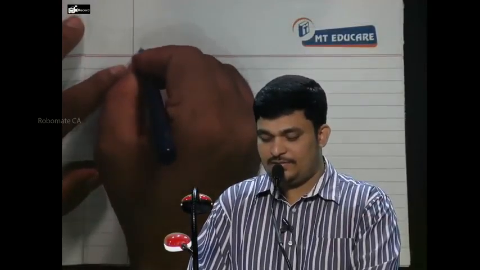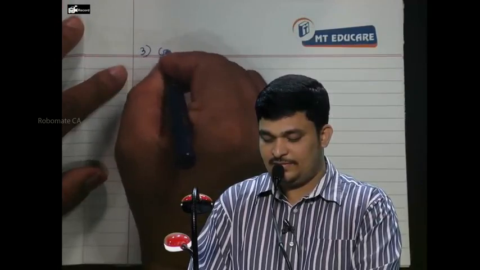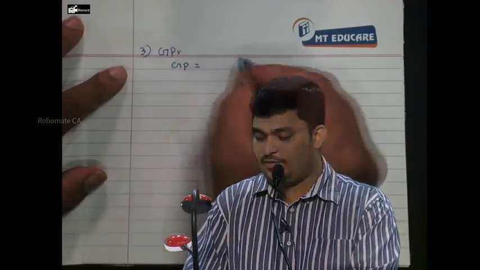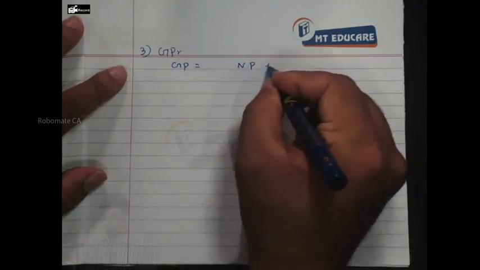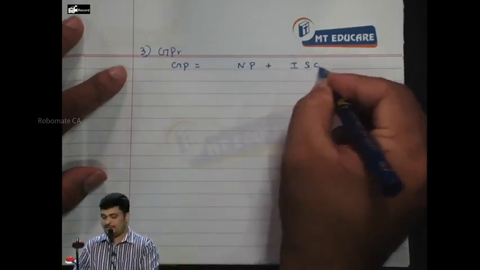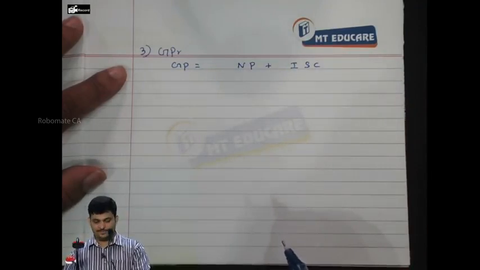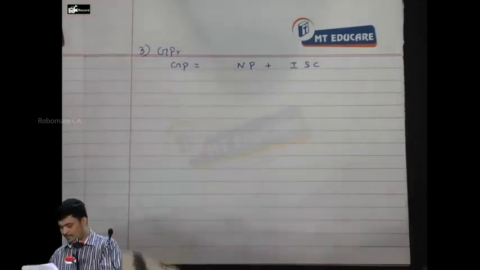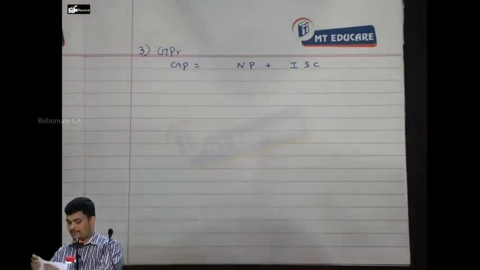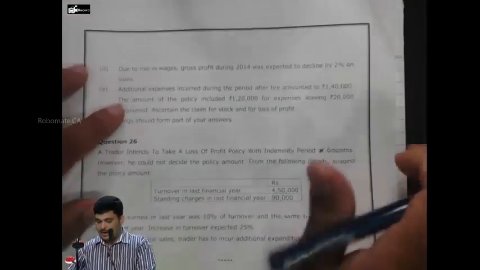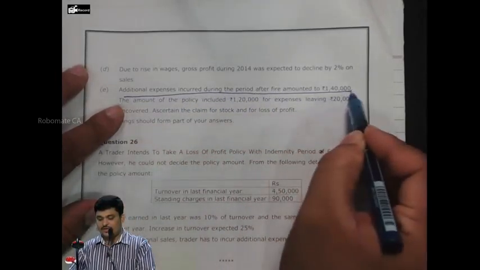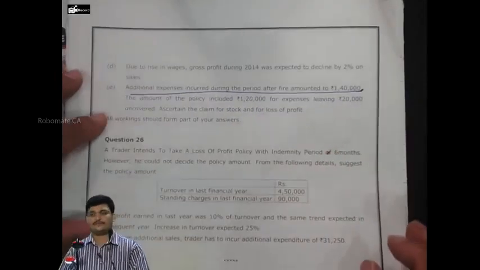Step number 3. Gross profit equals net profit plus insured standing charges. Everybody? Additional expenses incurred during the period after fire amounted to rupees 1,40,000.